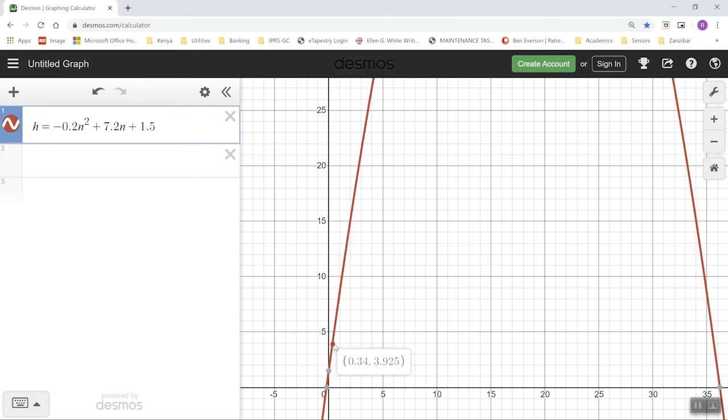Sorry, at 0 years, we have 1.5%. Okay. And then we have 3% right here, 4% right here, 5% right here, and you can just keep going up.